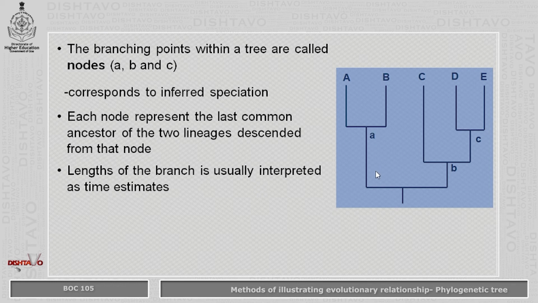And the length of the branches, here for example this branch which is reaching the node A from the root, and also you may find the branch which is from B to C. If the length is longer, that indicates the time estimates. The longer the branch, the longer time has taken to evolve that particular organism or species.